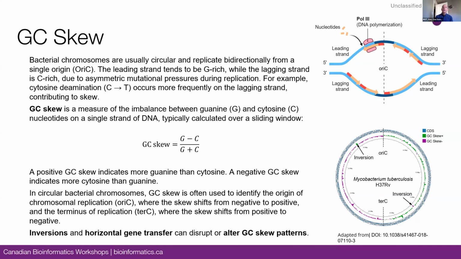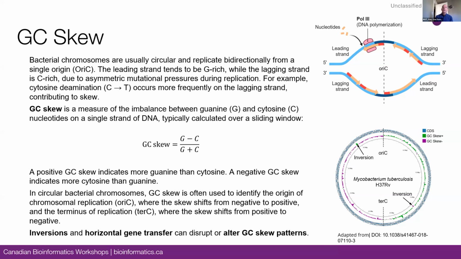So they have a primase, and then they have to be ligated with a ligase. So in addition to the polymerase, there are additional enzymes, and those can introduce errors. One type of error is called a cytosine deamination error, and that can result in a C to T transition, and that is where you can get this imbalance.